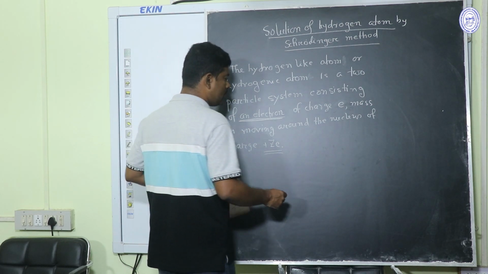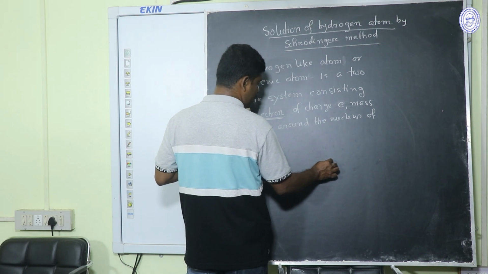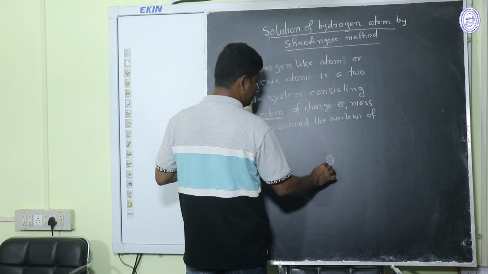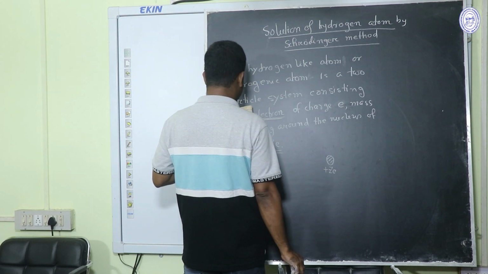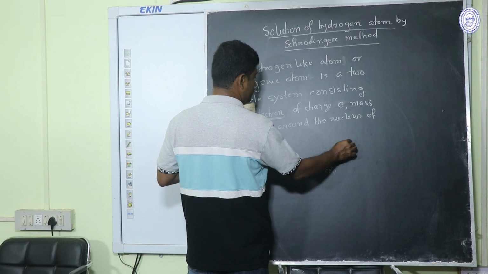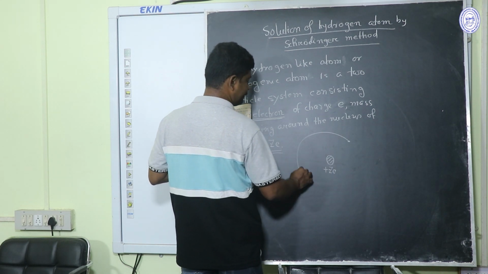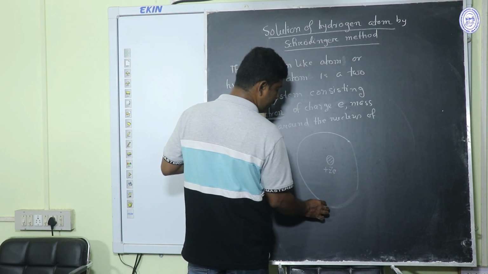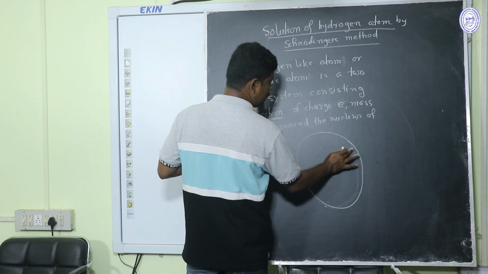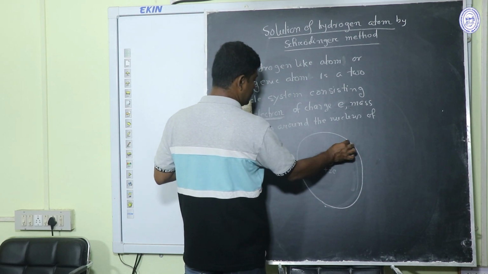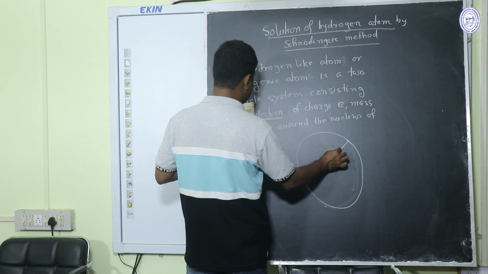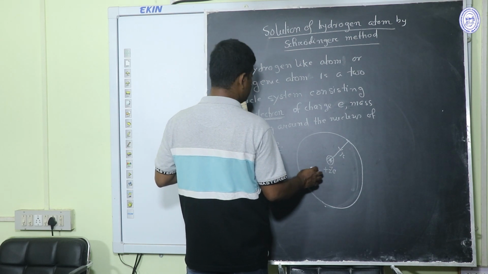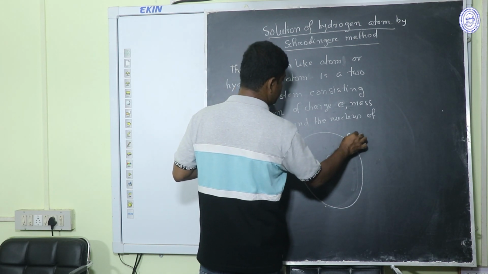So, this is the picture of a hydrogen atom. This is the nucleus of the hydrogenic atom with charge plus Ze. This is the electronic orbit, this is the radius r of the electron, and the electron has charge e and mass m.